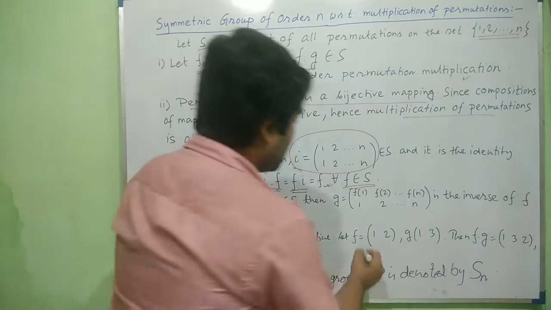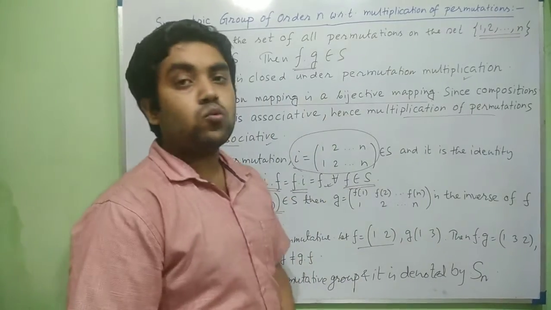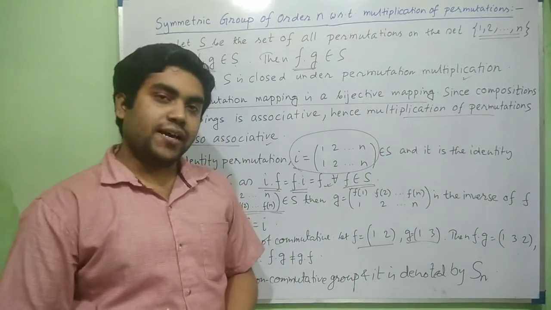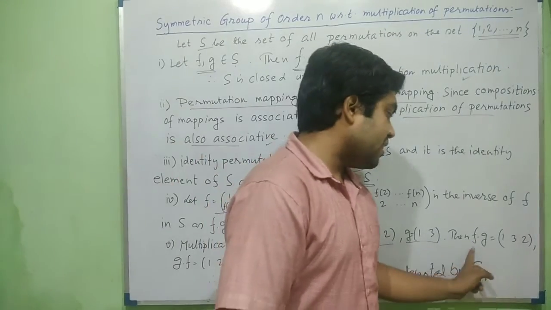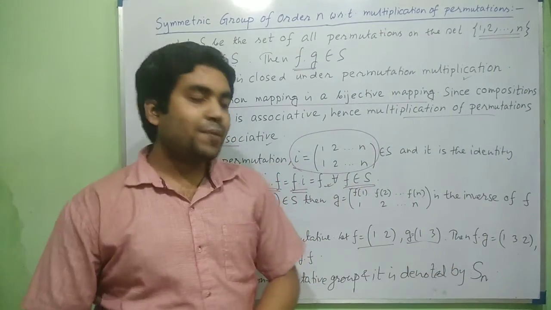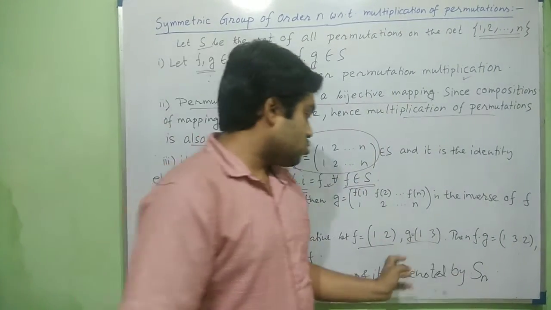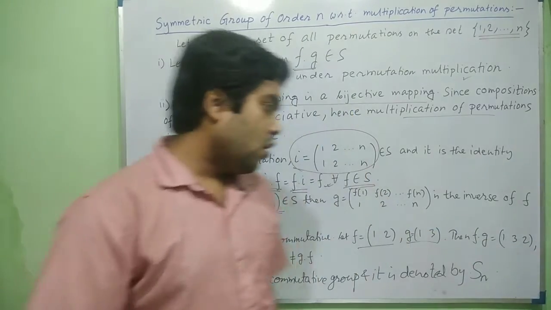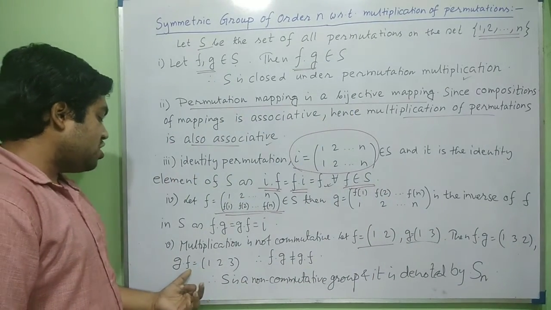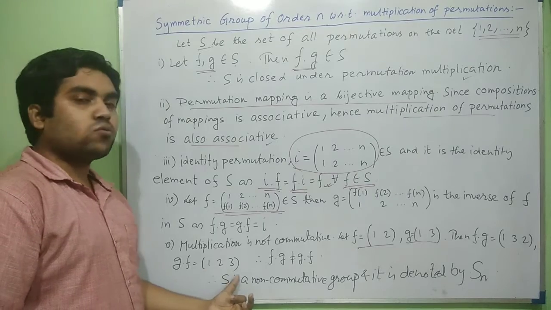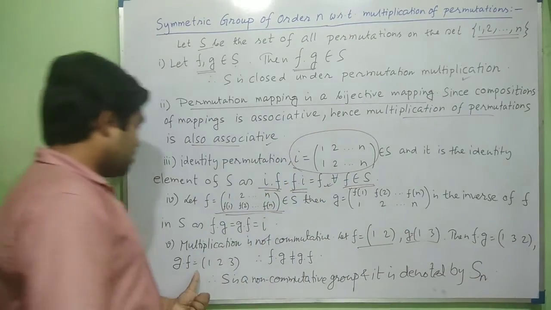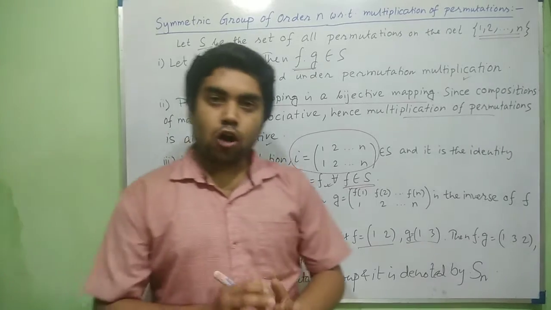Why? We consider two elements, f equal to (1 2), a 2-cycle, and g equal to (1 3), which is also a 2-cycle. But the multiplication of f and g, that is the multiplication of these two cycles, will give us a 3-cycle, (1 3 2), but the multiplication g f returns us (1 2 3), which is also a 3-cycle, but the values of these two multiplications are not the same.